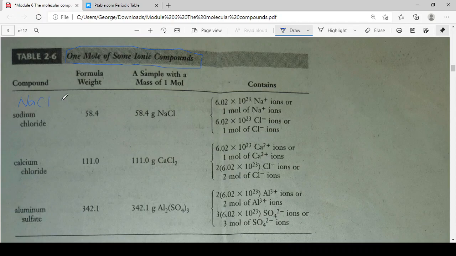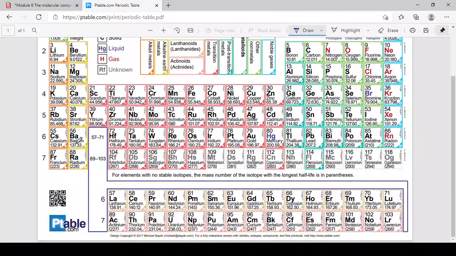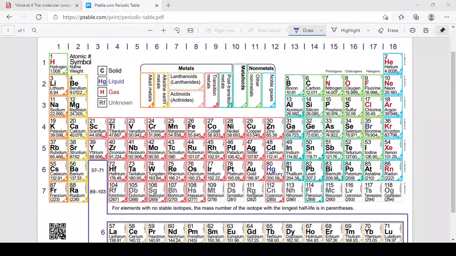Sodium and chloride, or you can also look at the periodic table of elements below. You have your sodium. Wait, let me draw it. Your sodium is here. Its atomic weight is 22.990. Let me zoom in.